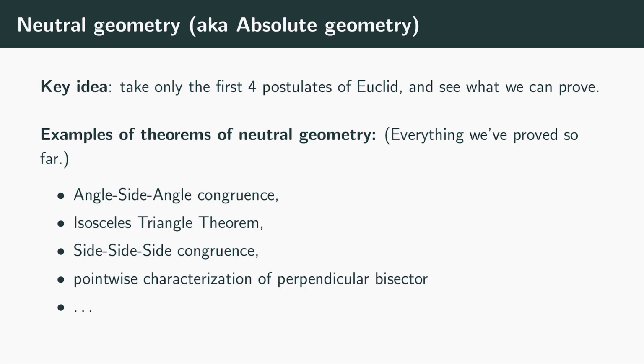The side-side-side congruence also holds in the absence of the parallel postulate. We don't need the parallel postulate to prove any of these theorems. Or the one you've done recently or are doing on your homework, the pointwise characterization of the perpendicular bisector. So these are all examples of theorems of neutral geometry.